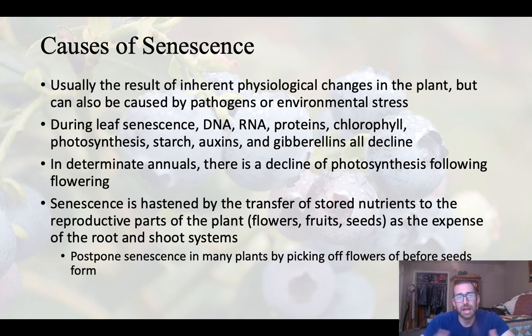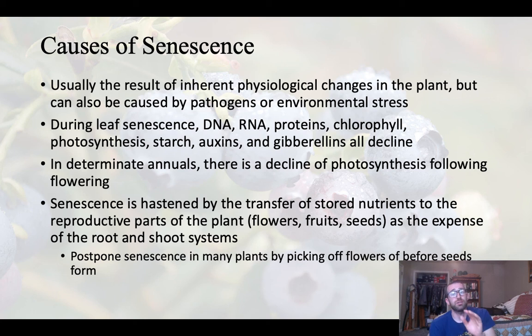But what's really happening, and particularly in leaf senescence, is all these things that are important for a leaf to survive are going away, right? So DNA, RNA, proteins, chlorophyll, photosynthesis, starch, oxygen, gibberellins, they all begin to decline, and that's leading to the death of this leaf.